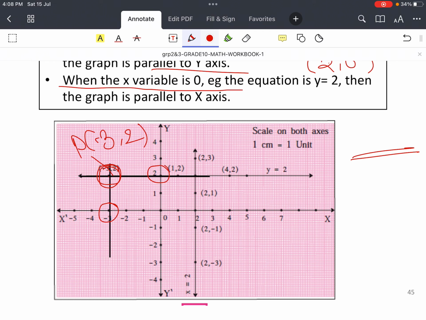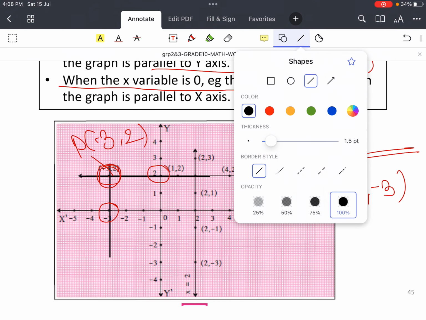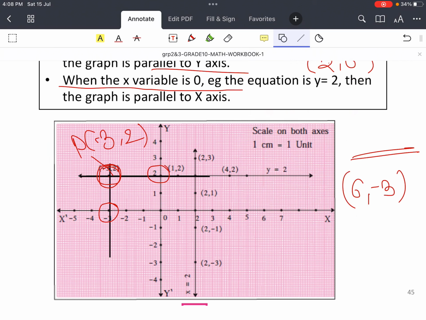Clear? Now similarly let's take an example: we want to plot the point 6 comma minus 3. So this is our target. First draw one vertical line from 6. Where is 6 here? Draw one vertical line from 6.